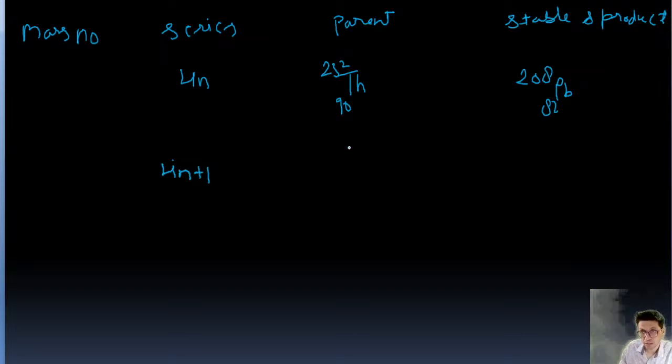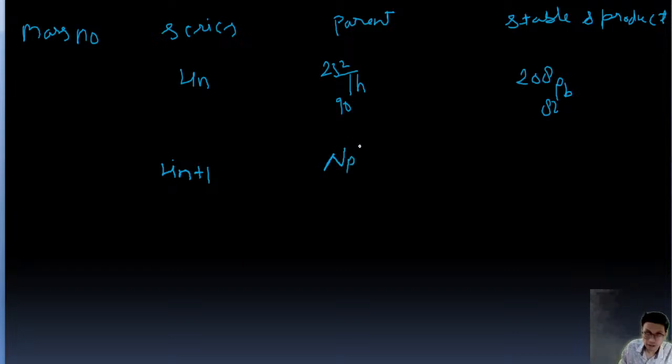Now second is the 4n plus 1 series. In the 4n series, thorium is the parent nuclei, the radioactive element, and it decays, and the final product becomes lead 82, 208. Now neptunium is denoted by Np.